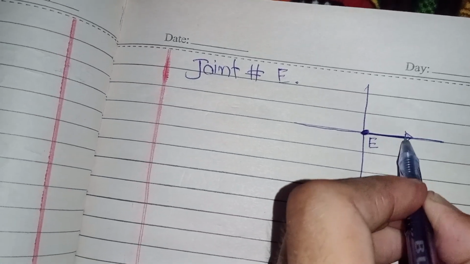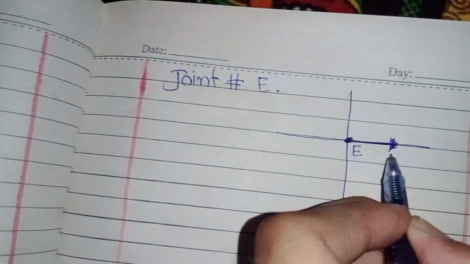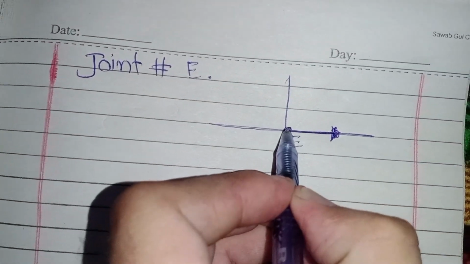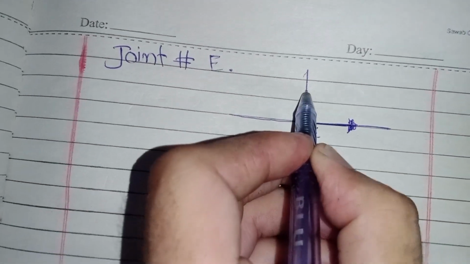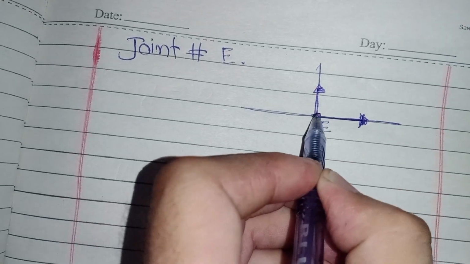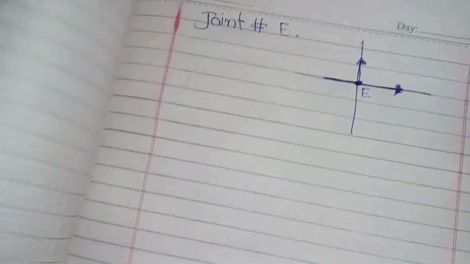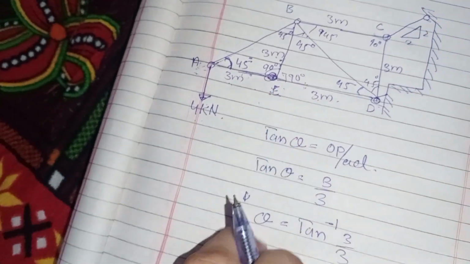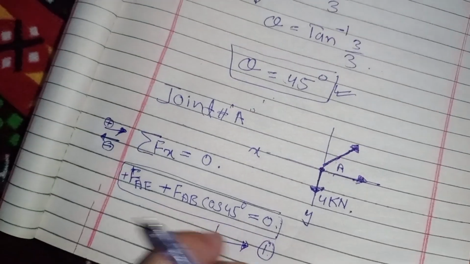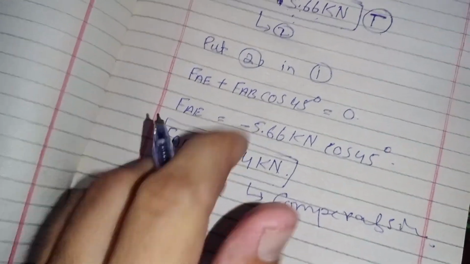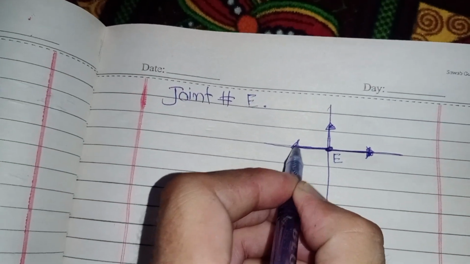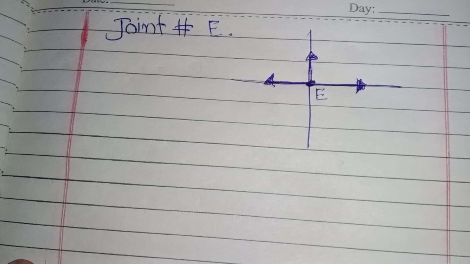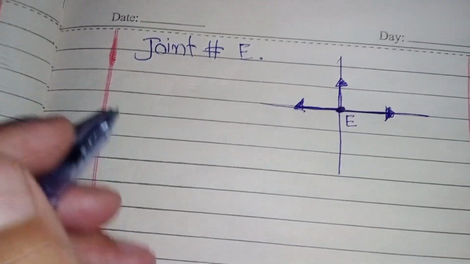I assume that this force in this member is in tension, and I assume that the force in this member is also in tension, and this force AB is in tension also. Okay.